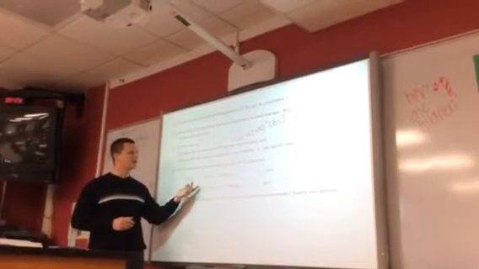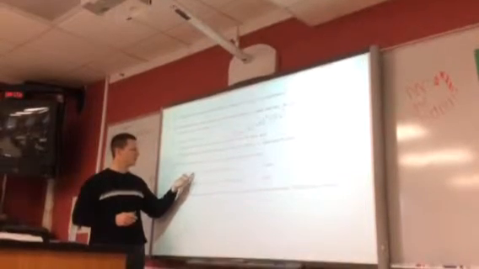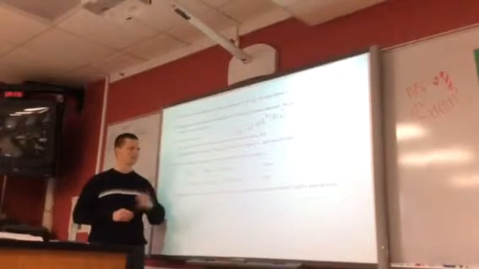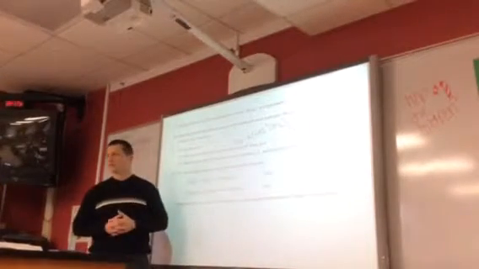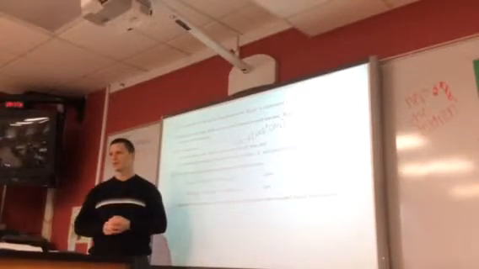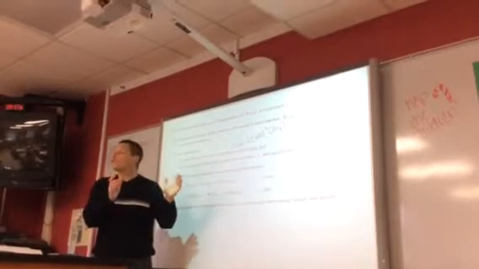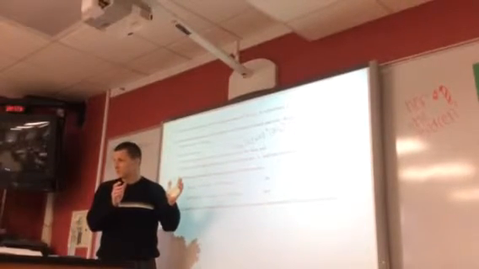So if this were the mechanism, you'd say that the rate law is k times that to the first times that to the first. But that doesn't agree with experiment. You just said it didn't matter. The overall coefficients don't matter. I'm saying that these coefficients up here for the overall reaction don't matter.